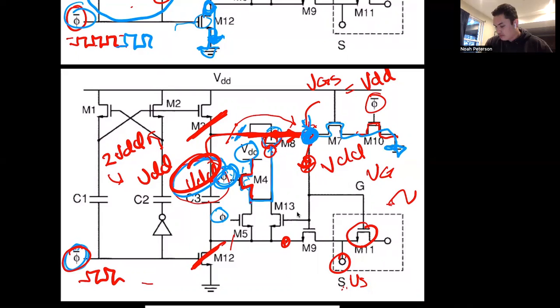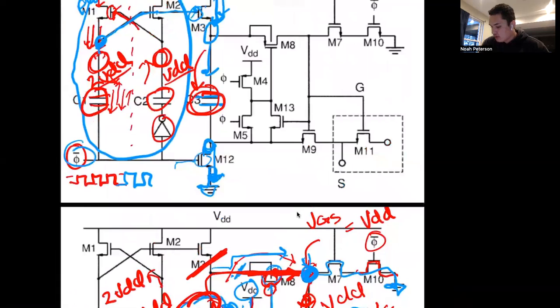If that point is being discharged to ground, then the transistor is not sampling at the moment. But if there is a VDD from this capacitor here, that means that we are in sampling mode. And this transistor here just aids in pulling that potential down when we want to pass VDD through that PMOS transistor.